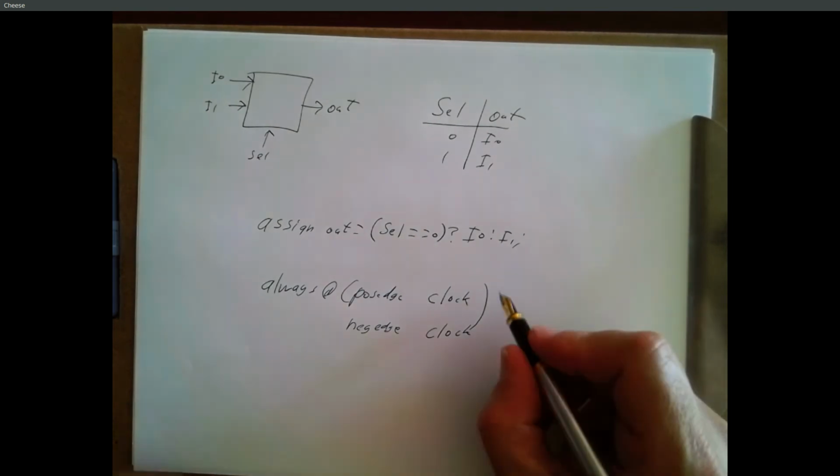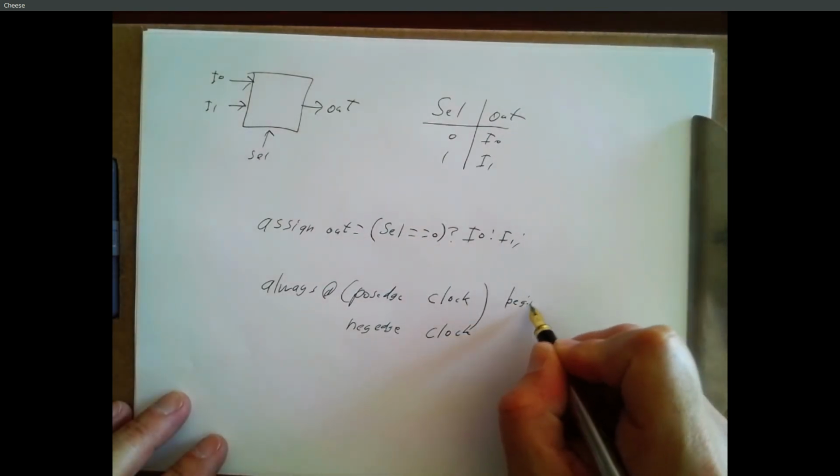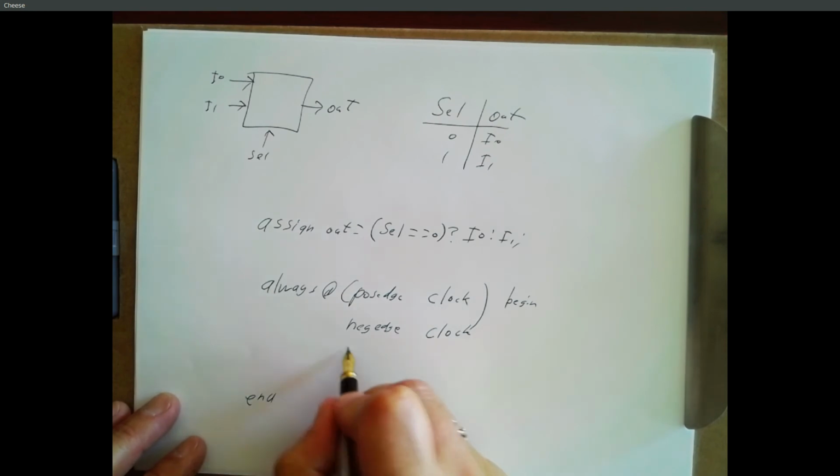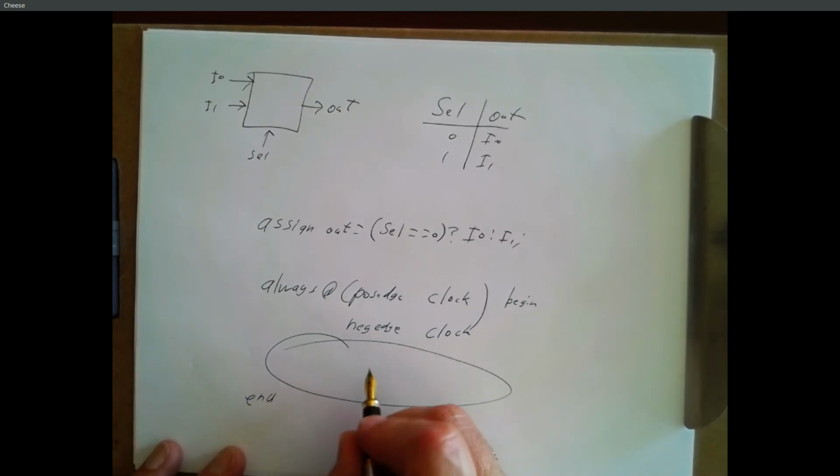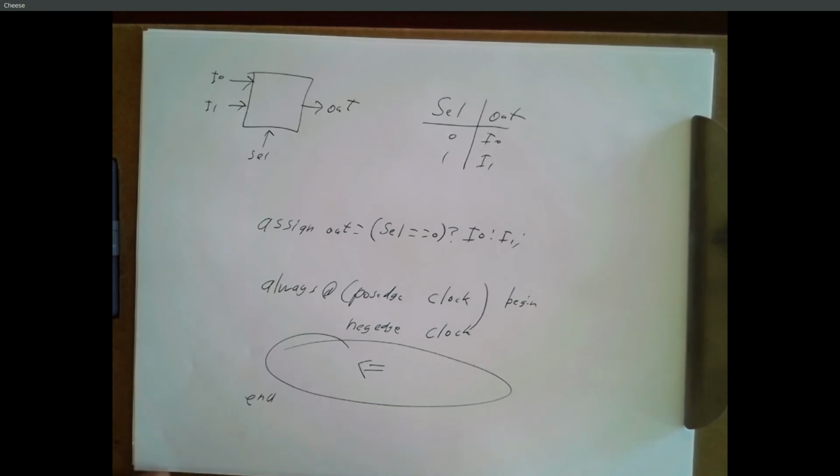And so there is a begin, and an end. And so everything in here happens when that signal goes in that direction, either rises or falls. And when we're inside here, we don't want to say assign. We want to use this arrow. All right, so.